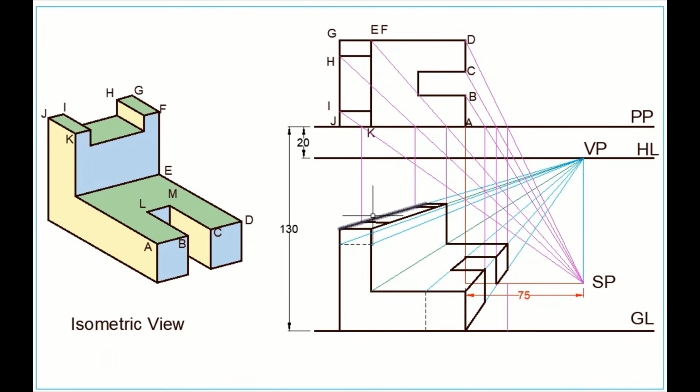Now this is point I, this is point H, and these two horizontal edges actually represent these two edges here in the isometric. And now we can also trim this dark edge in between, right? So this is the cut feature which is here, but this cut feature has to go deep also.